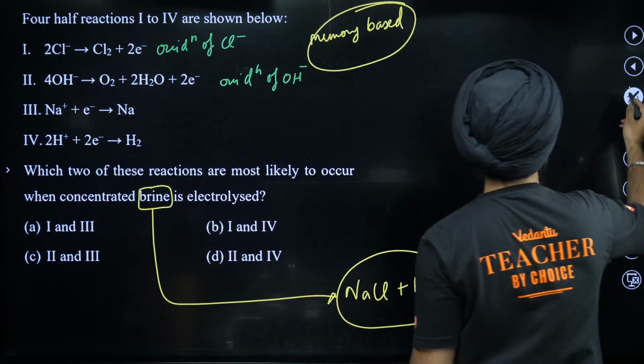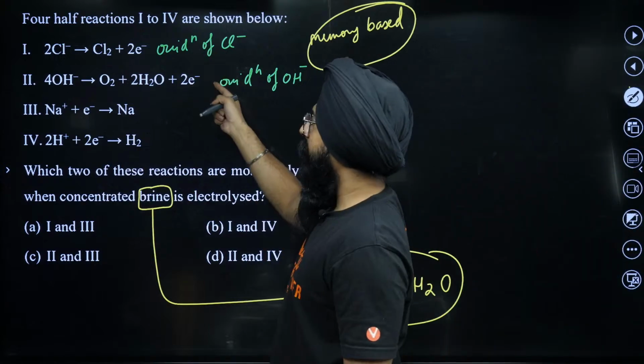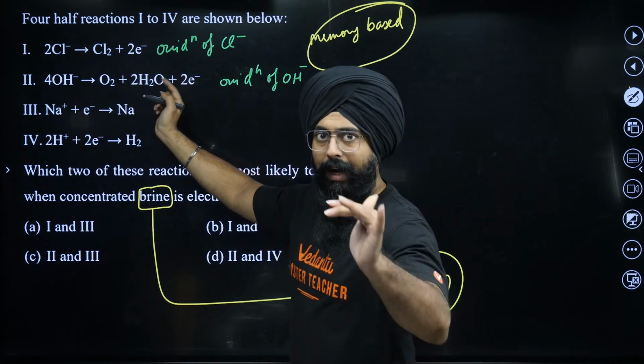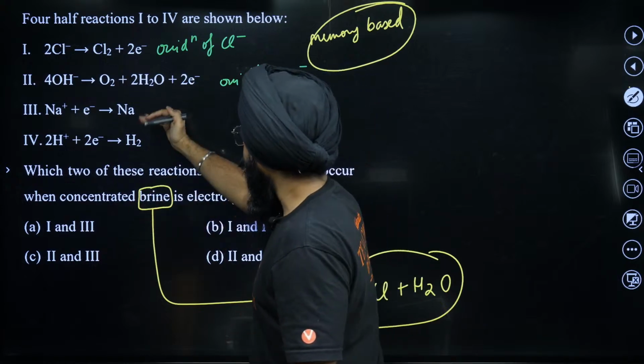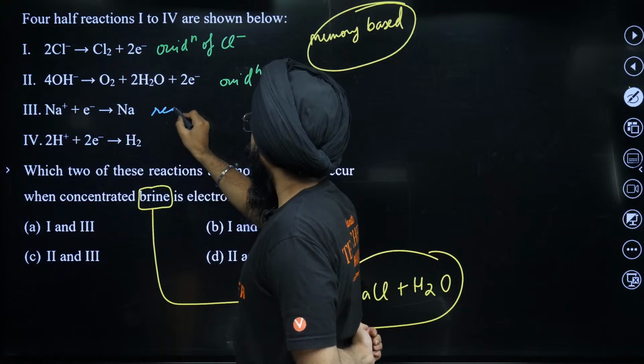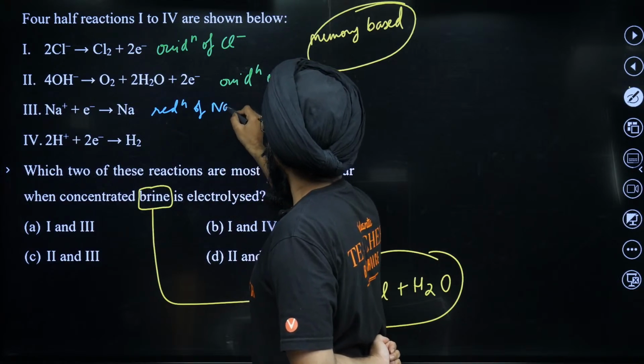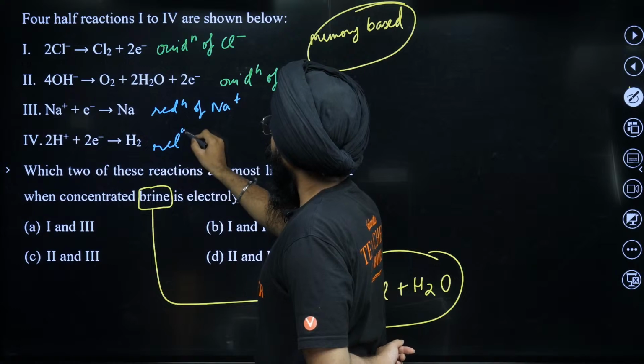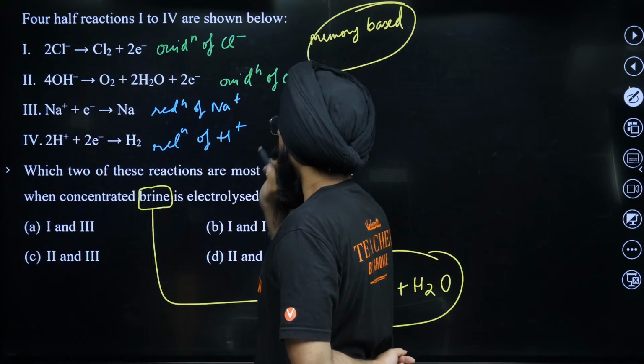These two oxidation reactions can happen on the anode. And these are the possible reduction reactions: this is the reduction of sodium positive, and this is the reduction of H positive.